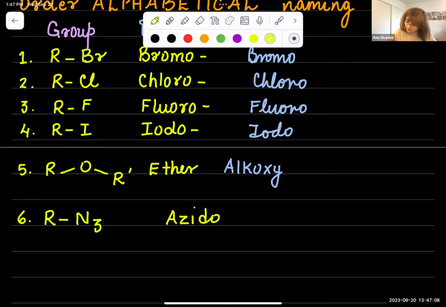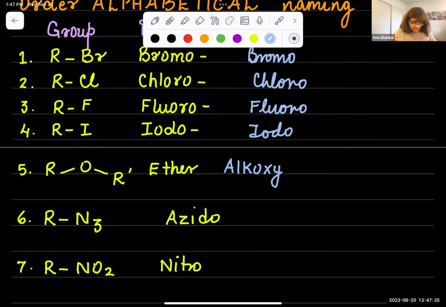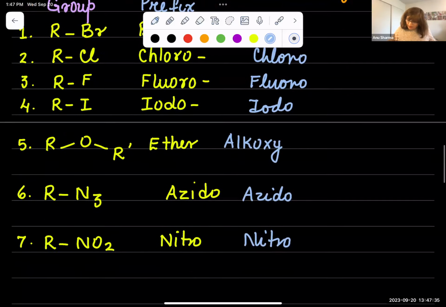The next after that is the nitro group, R, N, O, 2. That is the nitro group. And what is the prefix for these? The prefix is azido and nitro. Now, these are the main ones.